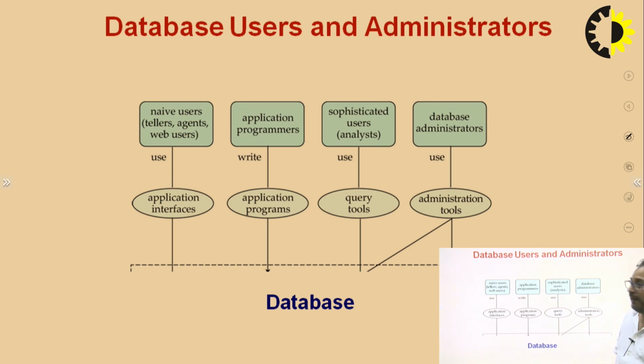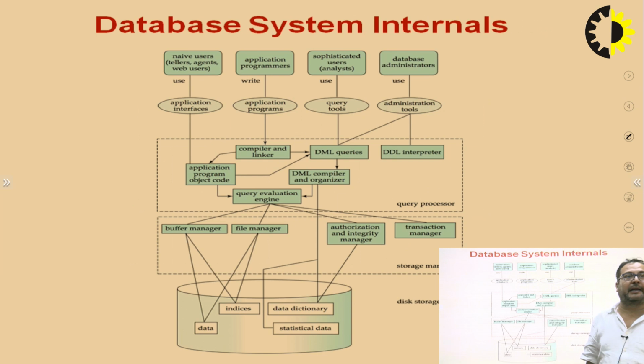If you are going to show the overall structure of the database management system, we could represent it here. We can see that at one level there are types of users like naive users, application programmers, and sophisticated users.